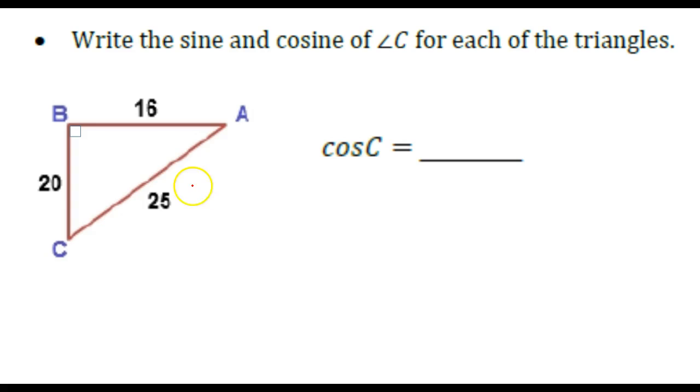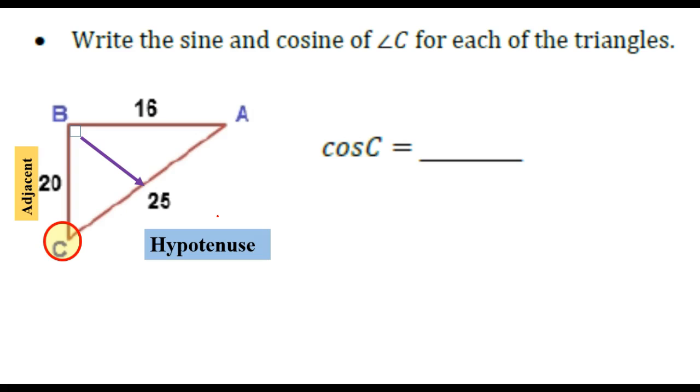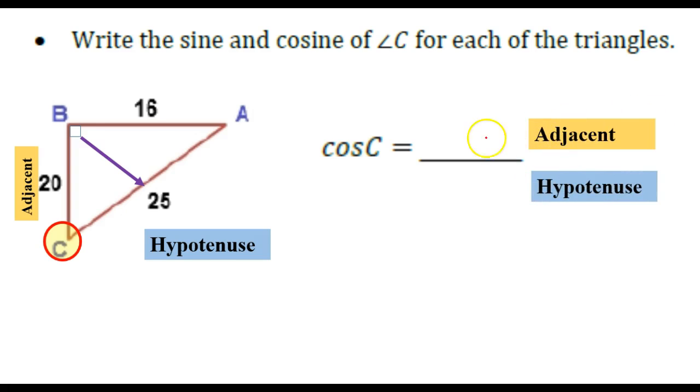And for cosine of C, we're going to circle that same angle. This time we're going to identify our adjacent side and our hypotenuse side. So that would be adjacent over hypotenuse, which would be 20 over 25.